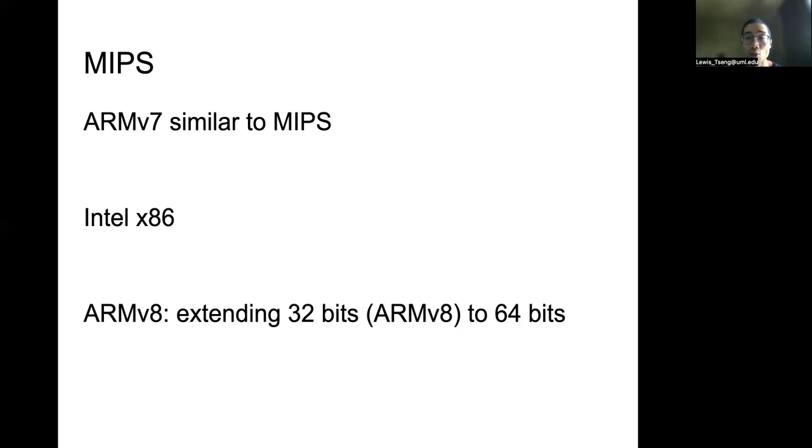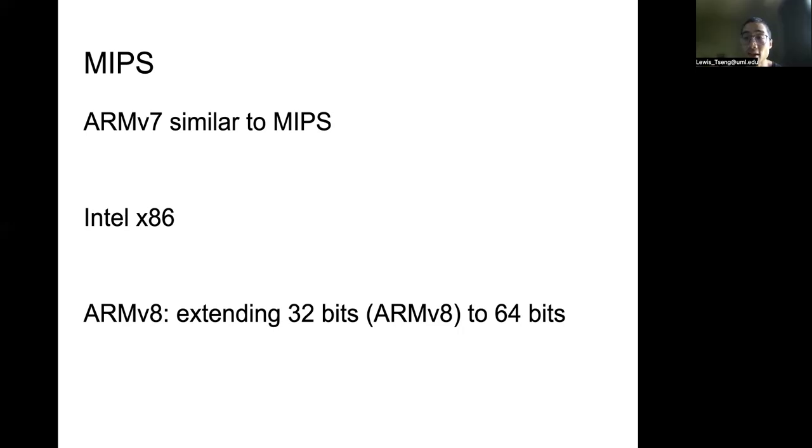The reason that we want to focus on MIPS is that if you follow the literature and the industry, you will know that the ARM processors are quite popular nowadays. And then version 7 and version 8 are very similar to MIPS. The major difference between V7 and V8 is that V8 is 64 bits.